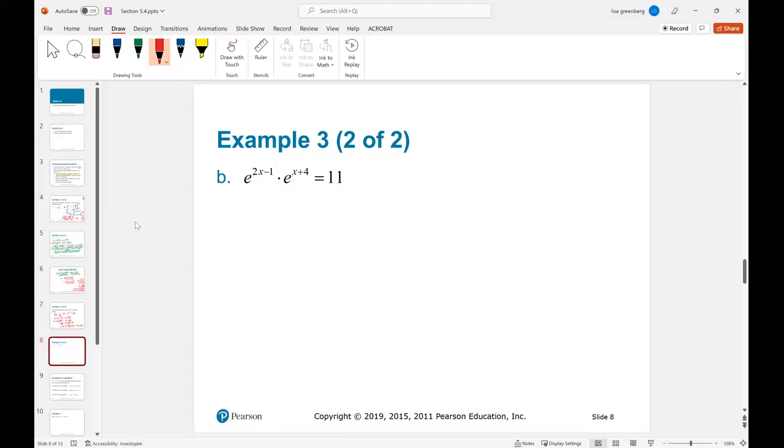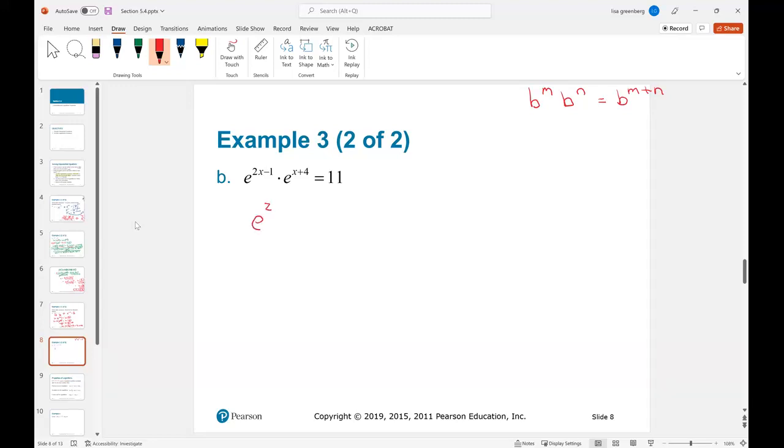Okay, now for this one, first thing I really want to do is combine, because remember we have the rule for exponents that says if we have a base to a power times a base to a power, we add exponents. So that's what I have. The bases are the same and the exponents are different. So I just need to add them.